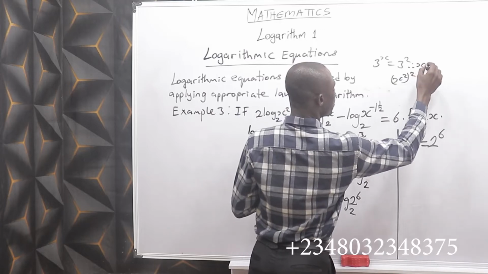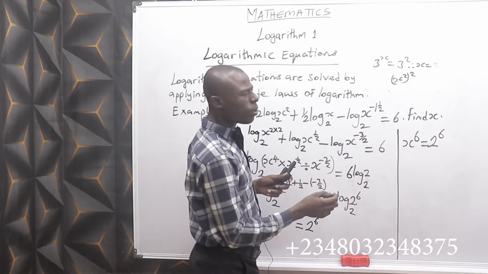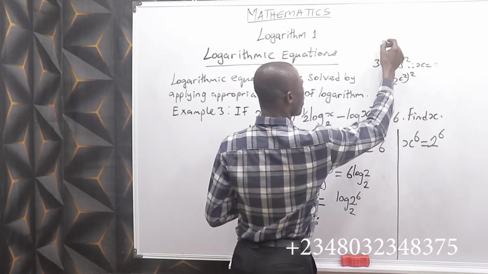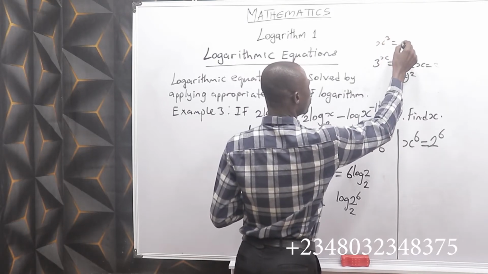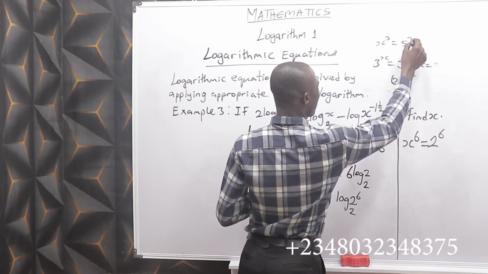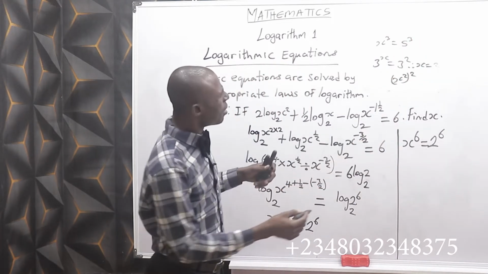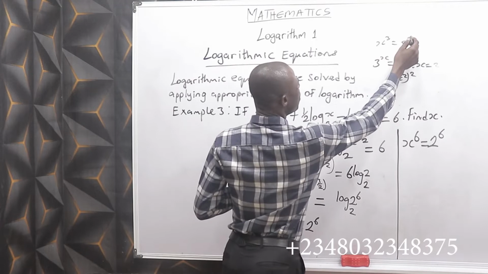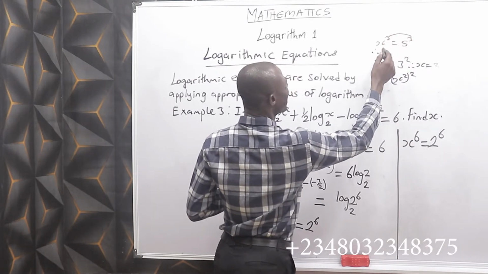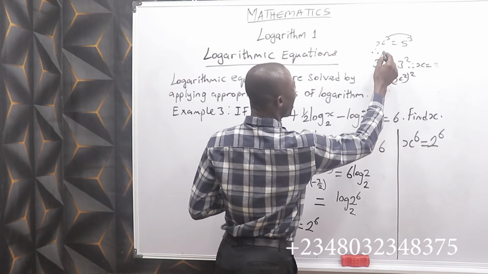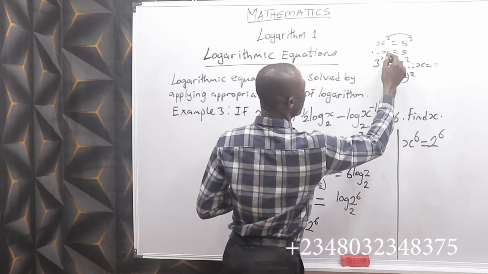X must be equal to 2 here. So also, if you have x raised to power 3 equals 5 raised to power 3, because of the equality in their power, then we believe that their base, their root number are also equal. So x equal to 5.